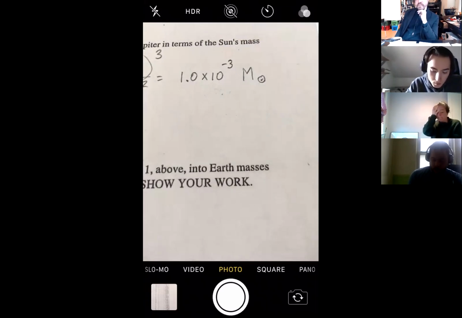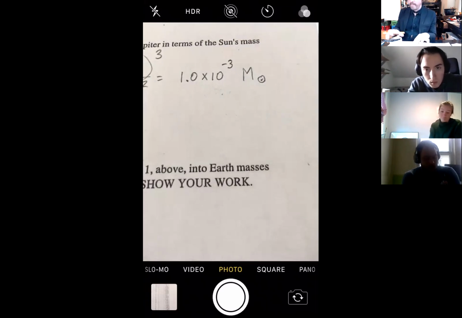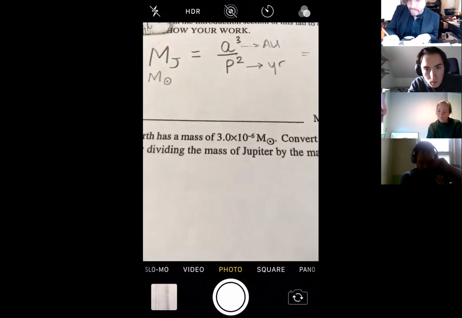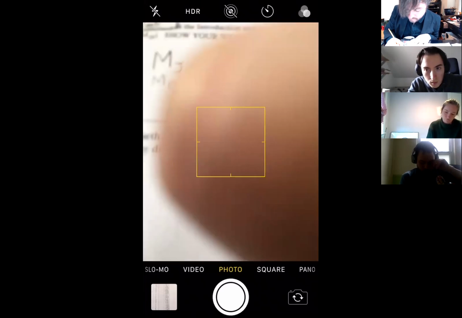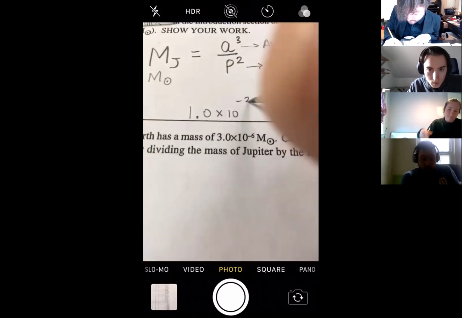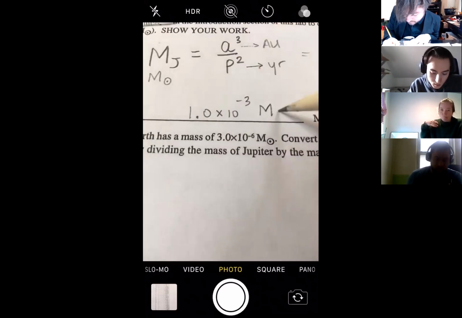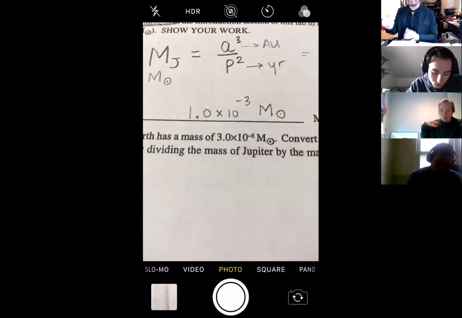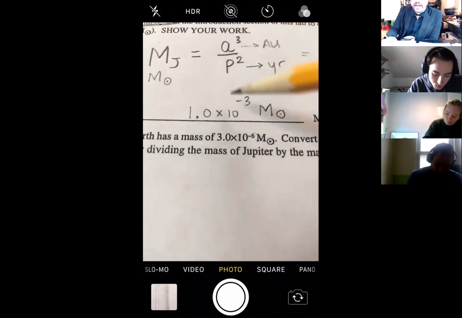Yes or no? Is that a reasonable answer? Shouldn't it be like tiny compared to the sun? And sure enough, Carol, it is. It's 1,000th of the sun's mass, right?